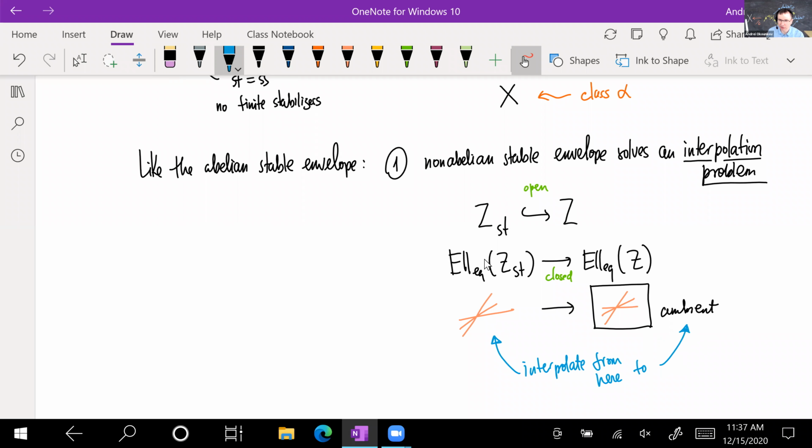I remind you that the notion L that stands for the spectrum means the elliptic homology class are functions or sections of a line bundle on that spectrum. And so if I have a closed inclusion of spectra, then that means I'm asking to find a section that interpolates given values at a given subscheme. That's clear.